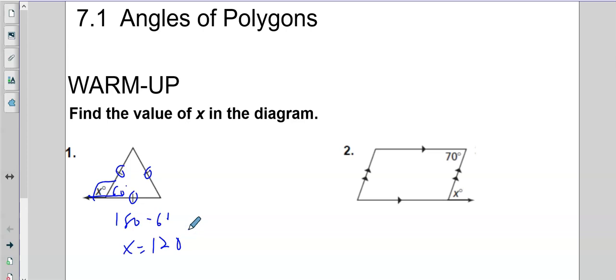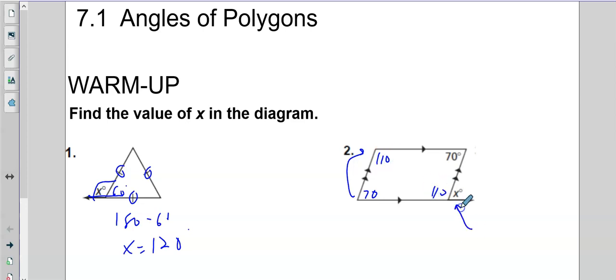All right. Now, on number 2, there's a few different ways to do this. If we know that's 70, we know this is 70 over there. Opposite angles are equal. And we know consecutive angles are supplementary. So if this is 70, then this one is 180 minus 70, or 110. And same thing here.